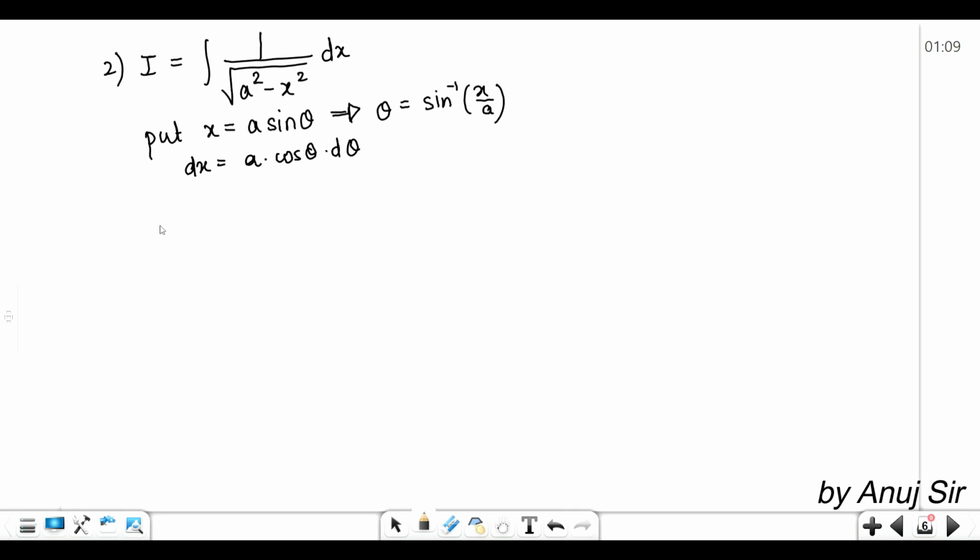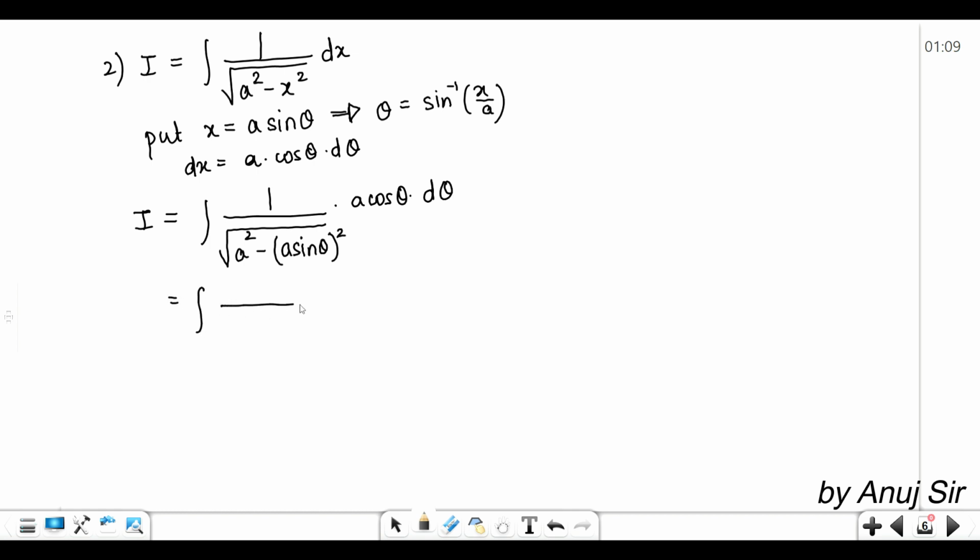Okay, now let's substitute over here: 1 upon square root of, the value of x square will be a sine theta whole square, and the value of dx will be a cos theta d theta. Now again, the integration of 1 upon square root of a square minus a square sine square theta under the root, times a cos theta.